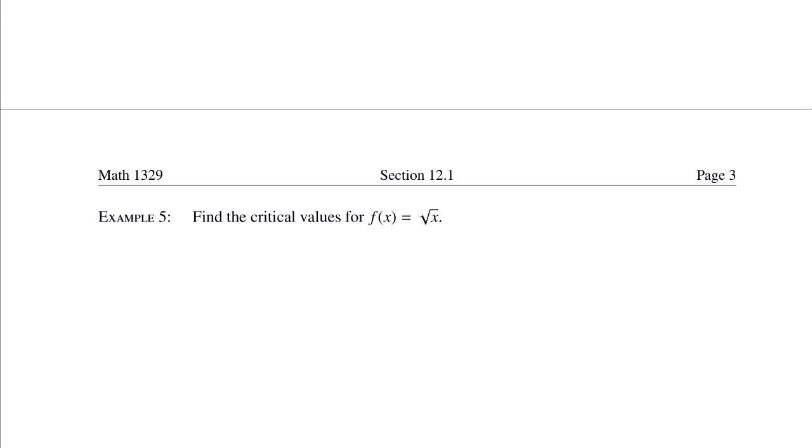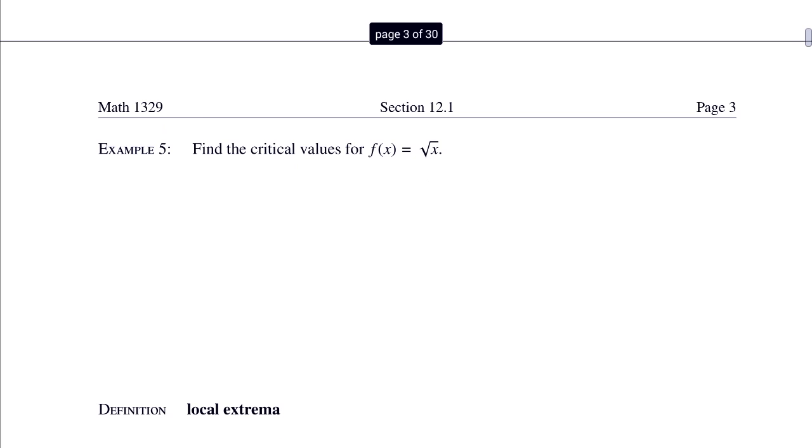In example 3, x equals 1 was the critical value. But you're going to have to form the number line so that you can do the sign chart. The critical values will go on the line, but you may have to put in other values. The other values will be points where f is discontinuous.